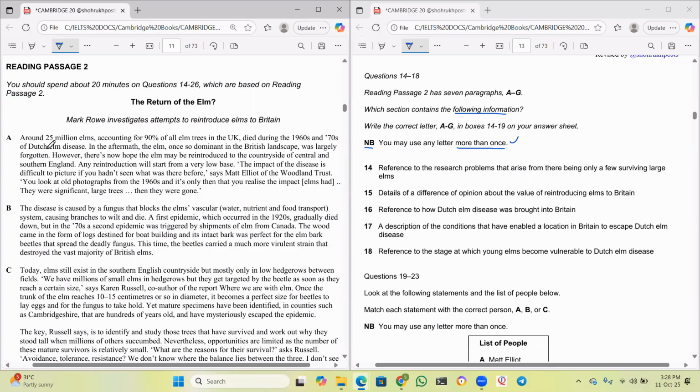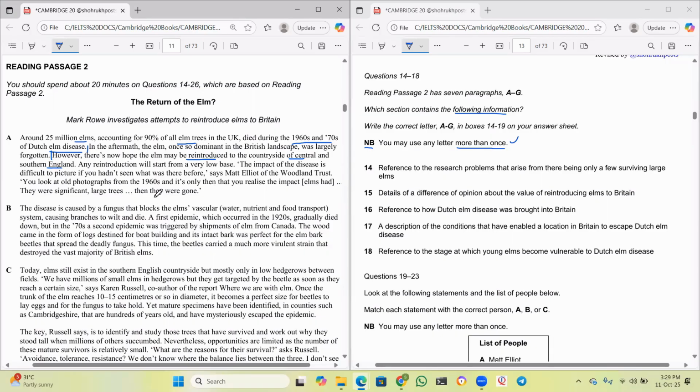Around 25 million elms, accounting for 90% of all the elm trees in the UK, died during the 1960s and 70s of Dutch elm disease. In the aftermath, the elm, once so dominant in the British landscape, was largely forgotten. However, there's now hope the elm may be reintroduced to the countryside of central and southern England.